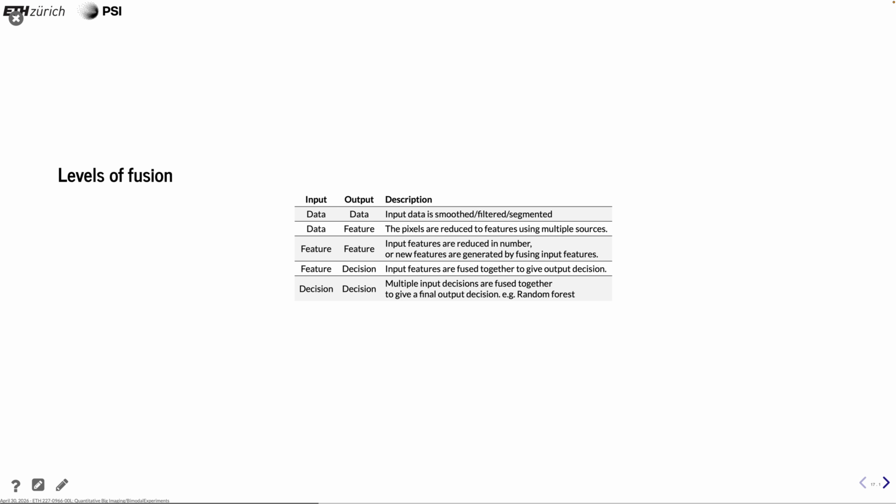Going even higher, you can combine the features and bring out a decision. And finally, decision to decision fusion, which you could compare to a random forest, where you take the decisions from different methods and combine them into the final decision.